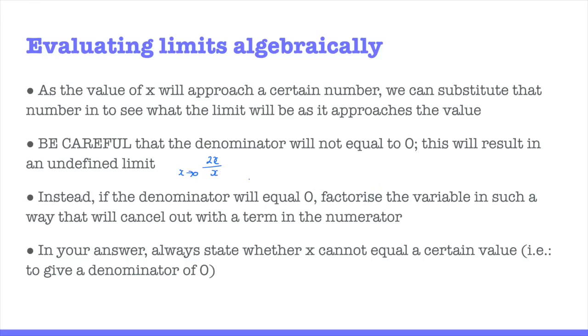So what we will have to do in this case is first simplify. Often that will be through factorizing, so I may need to simplify, and then I can substitute in my value. In your final answer, always state whether x is unable to be equal to a certain number. That will often be when the denominator will make it equal to 0.